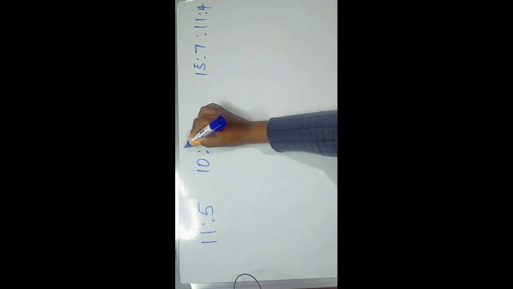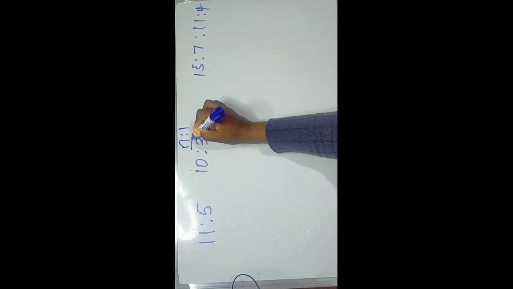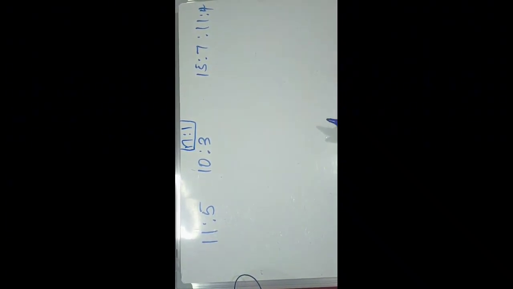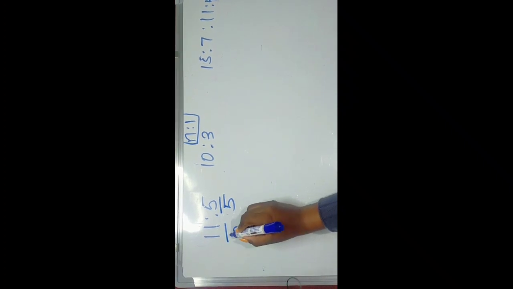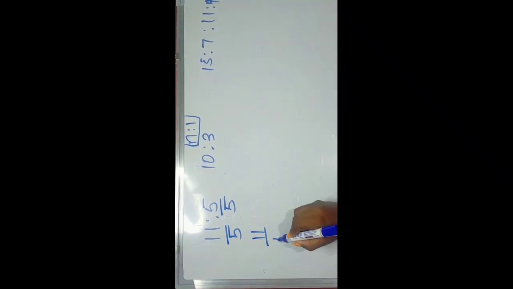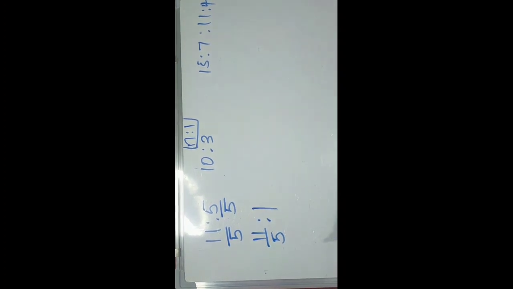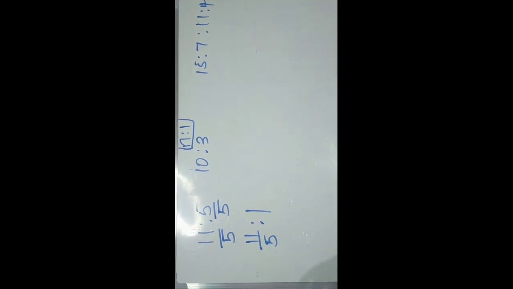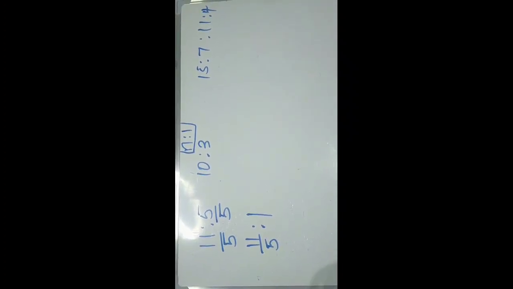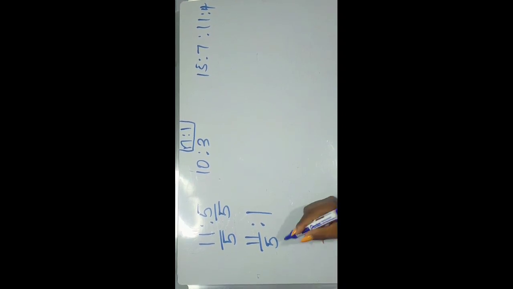I've said that in order to compare ratios, we rewrite them in the form n is to 1. So what we do in this case, we are going to divide this number here by itself and do the same to the other number, so that we shall have 11 over 5 is to 1. 11 over 5, let me have it in decimals, is 2.2 is to 1.